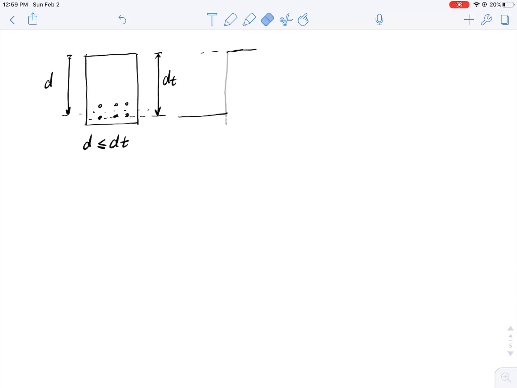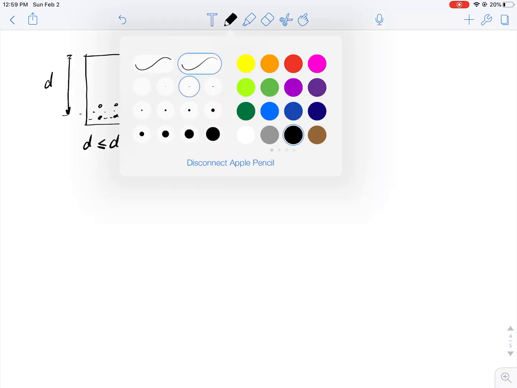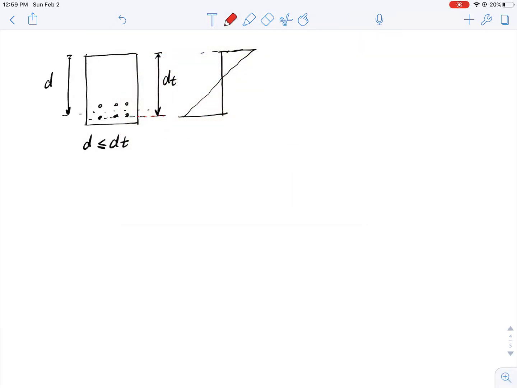I have compression, I have tension, and at the same level as the last row of steel, I have epsilon t. At the center of the reinforcement, at distance d, I have epsilon s. These are different.